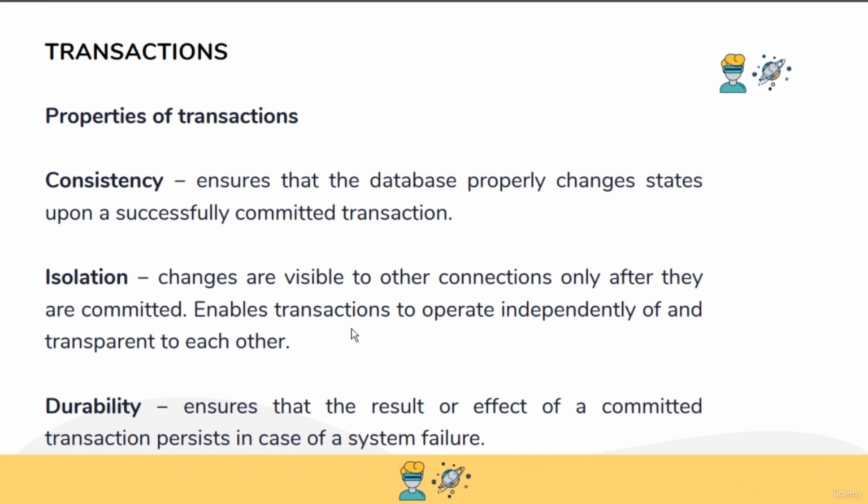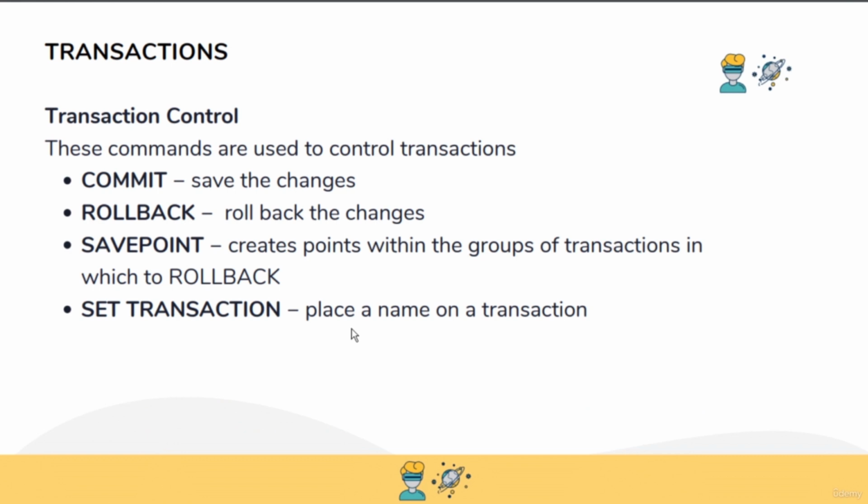It wouldn't be fair. Isolation ensures that the changes are going to be visible to all other connections only after they are committed. Isolation also enables transactions to operate independently of and transparent to each other. Next, durability. It ensures that the result or effect of a committed transaction persists in case of system failure.